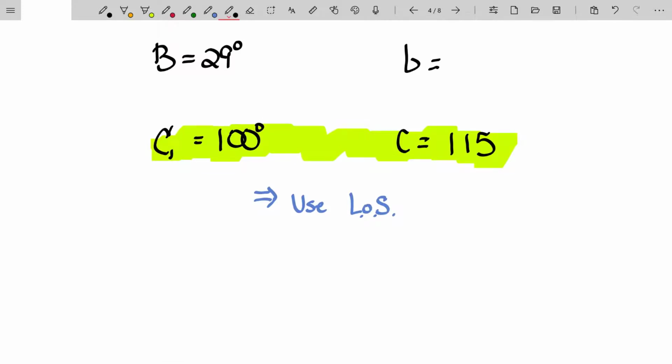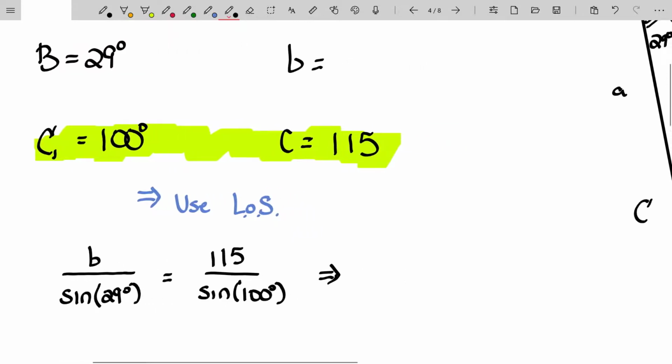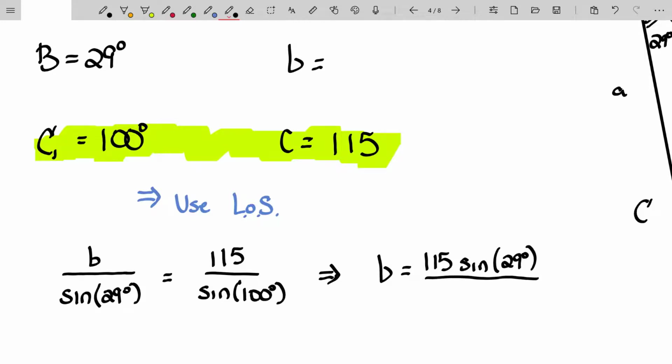So doing the mathematics for the law of sines, I can take the ratio of side B to the sine of angle B, and say that's the same as the ratio of side C to the sine of angle C. Multiply both sides by sine of 29 degrees, and you'll get what side B is. Side B is equal to 115 sine of 29 degrees divided by sine of 100 degrees.